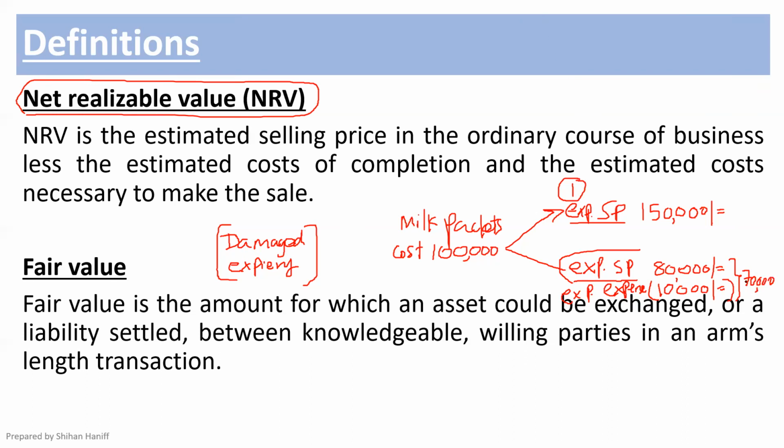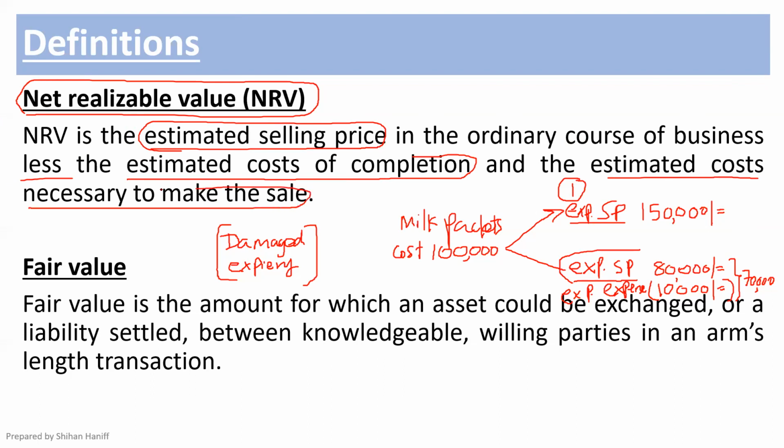If you read the definition, NRV is the estimated selling price in the ordinary course of business minus the estimated cost of completion and the estimated cost necessary to make the sale. That is this 10,000: expected selling price minus expected selling expenses.